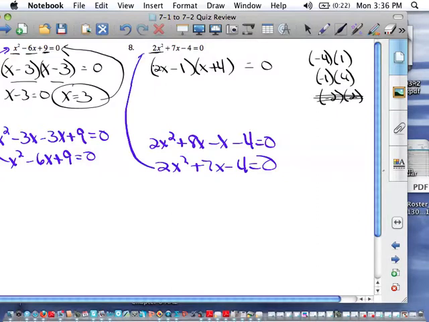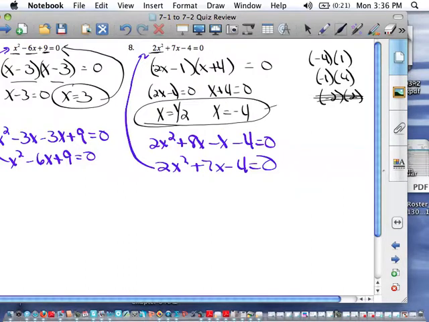And I check it, and that's what I started with. So that is the correct factored form. Then I know that 2x minus 1 equals 0, or x plus 4 equals 0. So when x is equal to 1/2, or when x is equal to -4, those two values will make that original equation true. And you can substitute them back in and make sure that that is true.